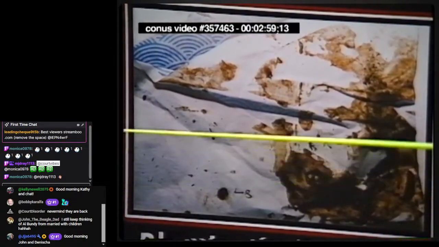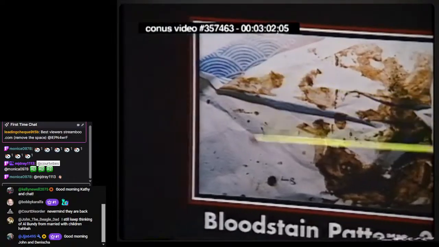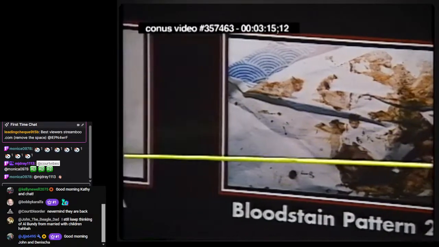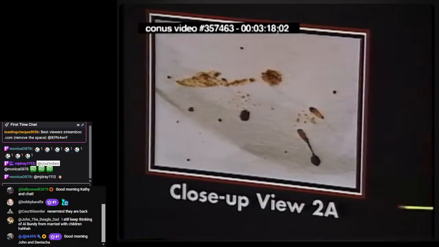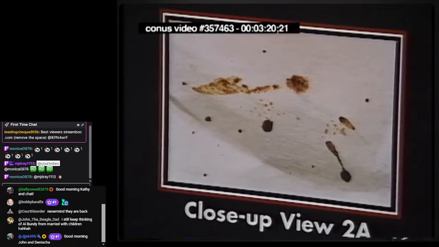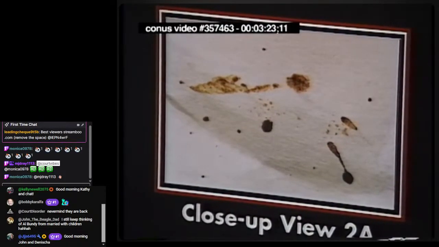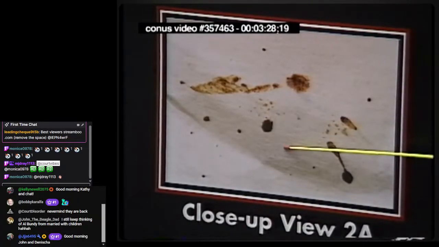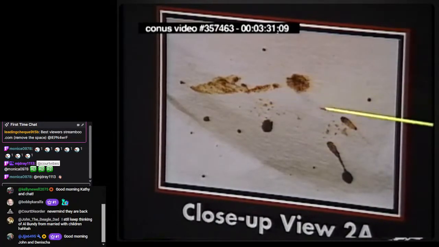The most important observation of this area consists of 3-4 areas. Close-up view number 2A, which depicts this area, a teardrop type of pattern, a vertical droplet pattern, a contact transfer pattern, additional spatter pattern.